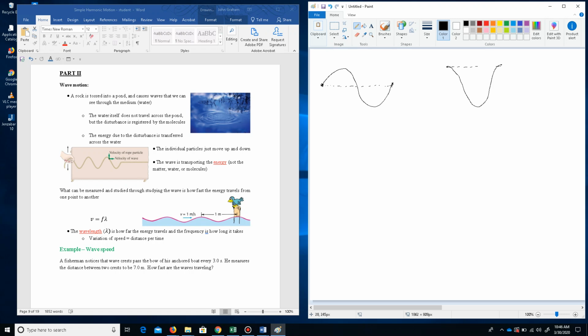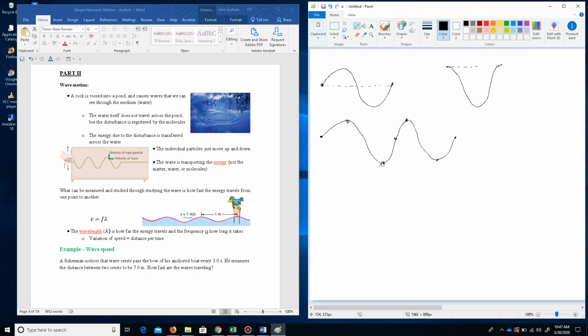Now if we extend this to multiple waves, cycles, I'll do a second cycle, where this is the beginning part of the next, and I didn't draw it that great, but these should be the same. The wavelength is any spot in one cycle to the same spot in the next cycle.